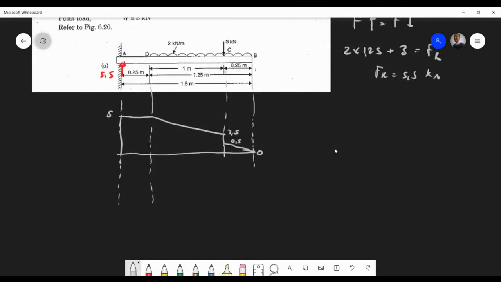Students, are you happy with that one? So that's the bending moment, 3.5, but the 0.5. Remember it must be 0.5 because that's the 3 pushing it down.